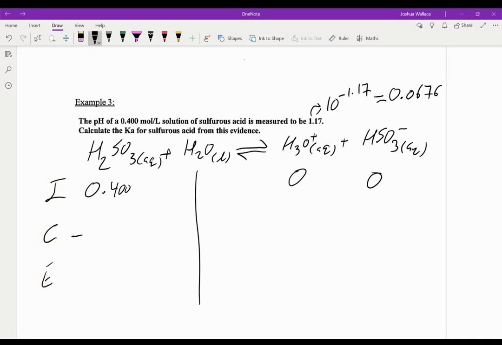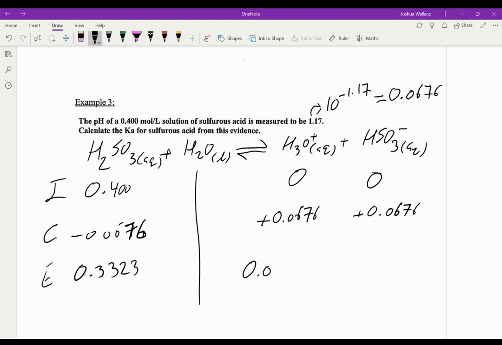So we're losing 0.0676 on this side, and this makes E 0.3323. Add 0.0676, add 0.0676.